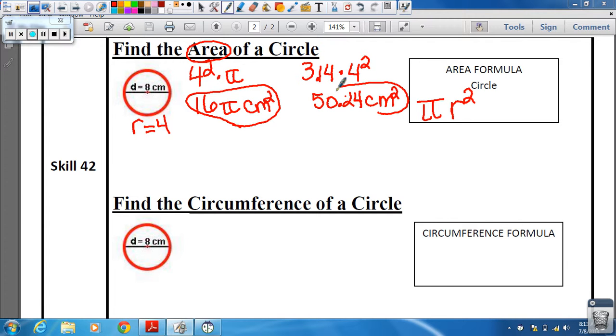So if we're talking about accuracy, the pi units would be more accurate because we didn't round. But if we want to have it more useful where we can actually understand what it means, it's usually easier to read it when we use 3.14 as pi.